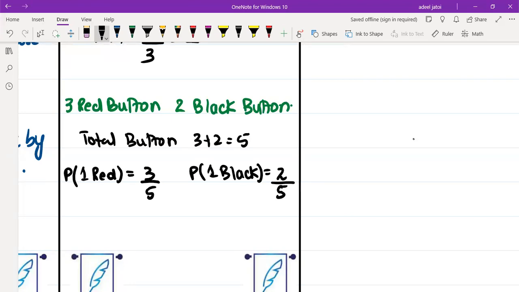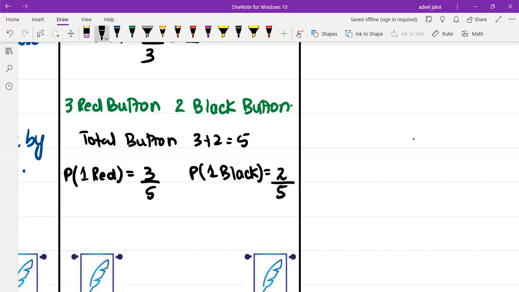So whenever you choose one, you look at how many things are there for that particular event. If you are choosing one red, you need to choose one red out of those 3 reds, from a total of 5 buttons.